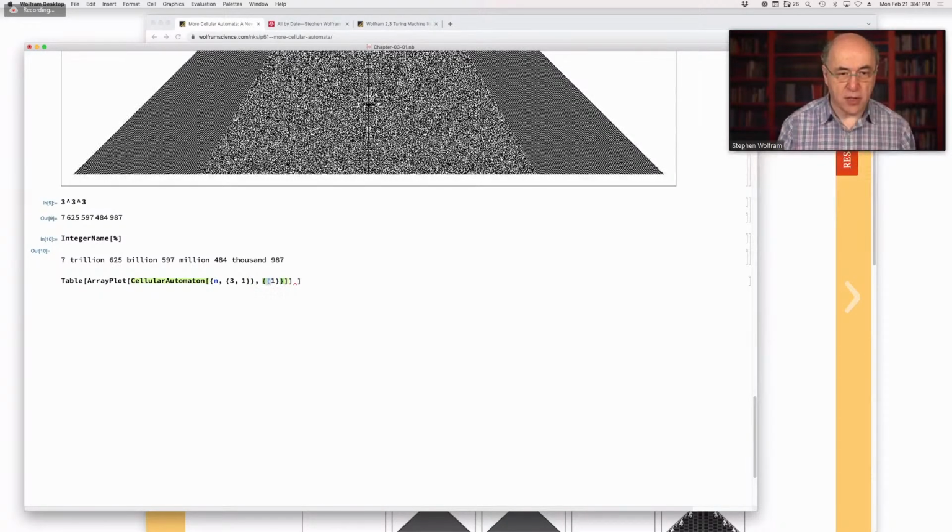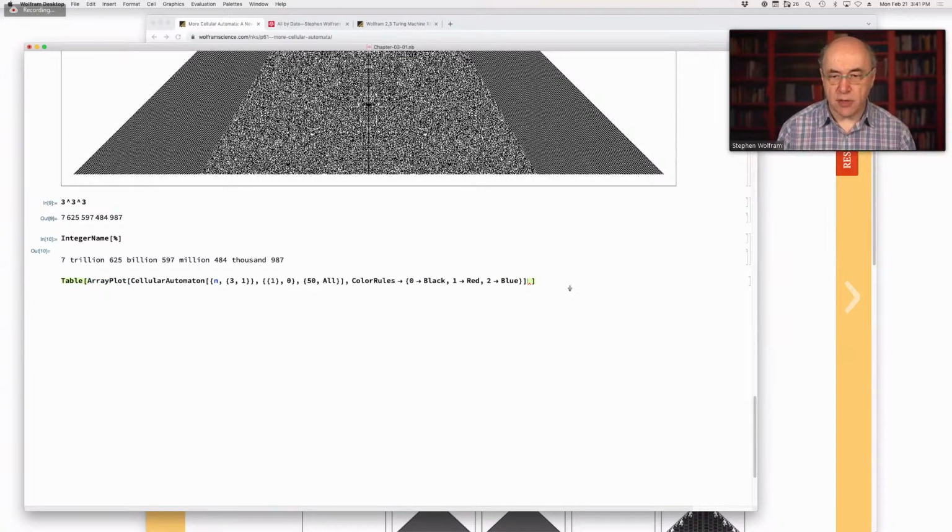Let's start it off from a single black cell, and let's have it go 50 steps. Now let's tell it to use color rules to display this. 0 goes to black, 1 goes to red, and 2 goes to blue.